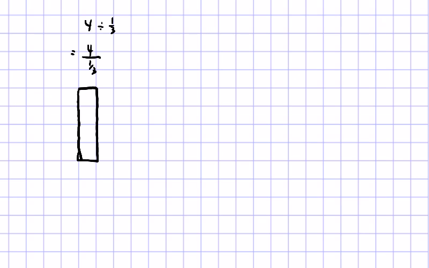So we have to take each and every unit. There's a third of a unit. There's another third of a unit, and another third of a unit. And notice there were 3 subdivisions, let's call them, per unit.